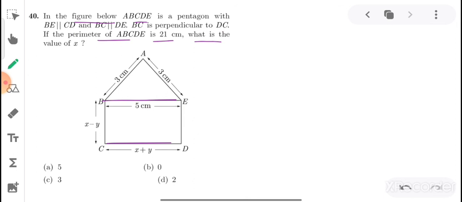Okay, the perimeter is given, and one condition that is given, that BC is parallel to DE and BC is perpendicular to DC. So these are parallel and BC is perpendicular to CD. So BCDE is a rectangle. So BE will be equal to CD.